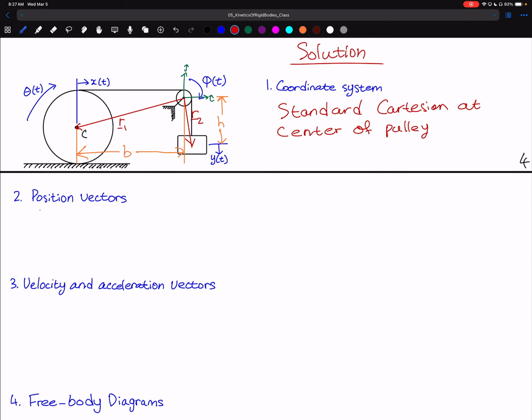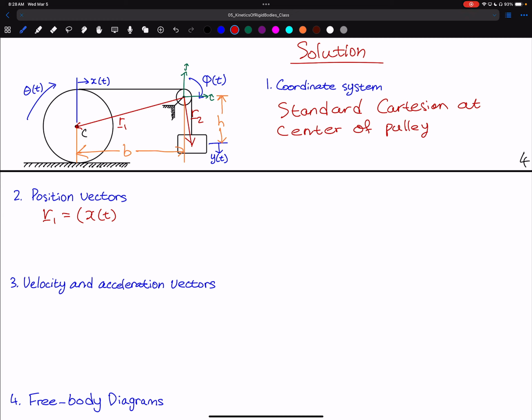So for R1 here, we're going to get that this is equal to x of t, and this x of t is drawn at the center of mass here, not at the top. That's my mistake when I said that. It's drawn from the center of mass. So this is going to be x of t minus a distance b in the i direction, minus 2r in the j direction.